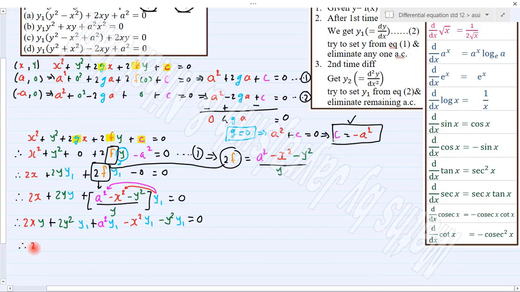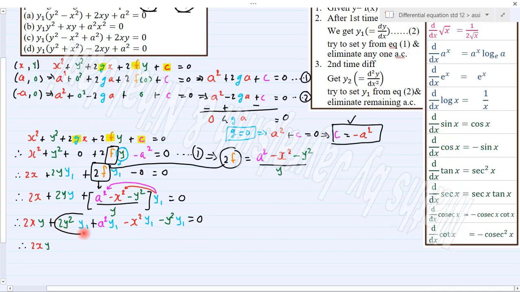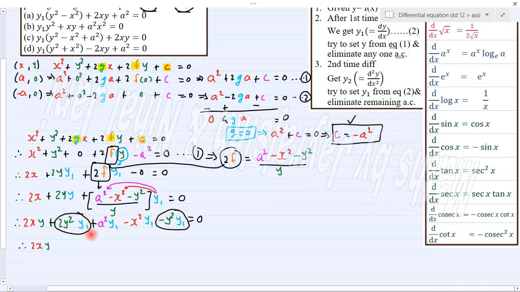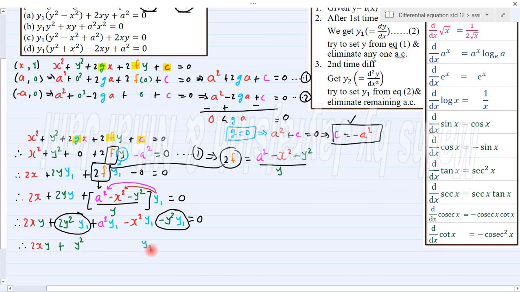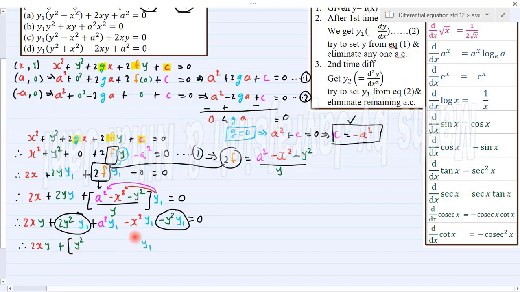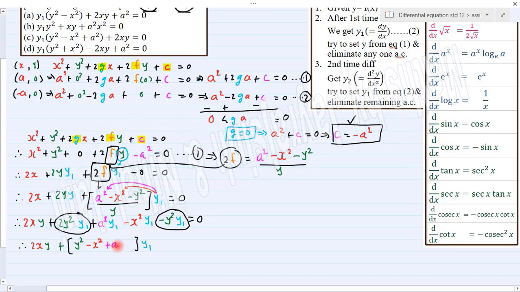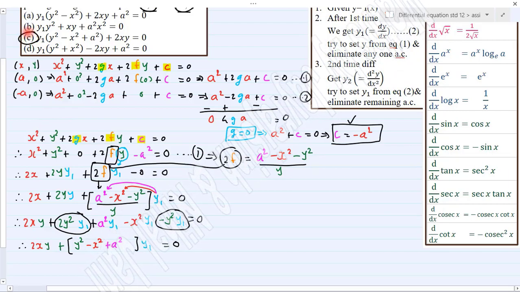Now here your first term will be as it is, and this 2y square y1 and minus y square y1 will become plus y square y1, and if we take y1 common from the rest of the terms we will get minus x square plus a square into y1 is equal to 0, which can be considered as your required differential equation given in option C.